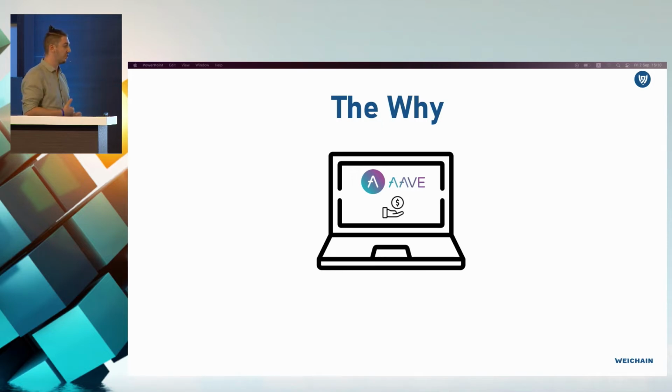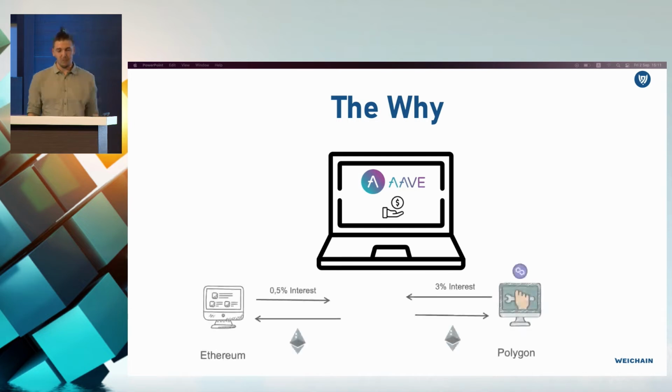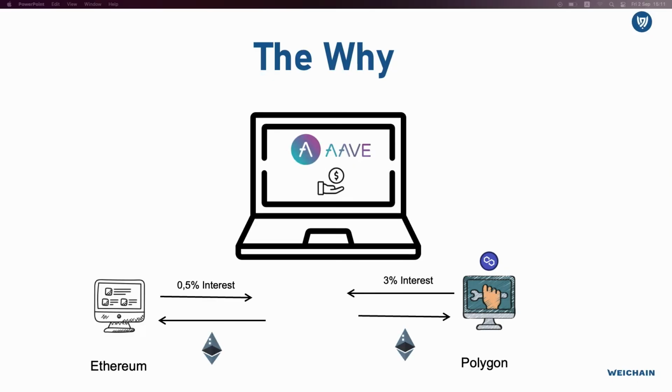And now the question, why do we need multi-chain bridges? The first reason, and probably the most used nowadays, is that we have a lot of DeFi applications. For example, Aave allows us to lend and borrow money. If we are on Ethereum and we lend our ETH, we are going to receive, let's say, 0.5% interest a year.